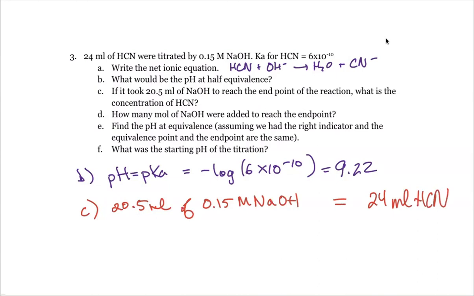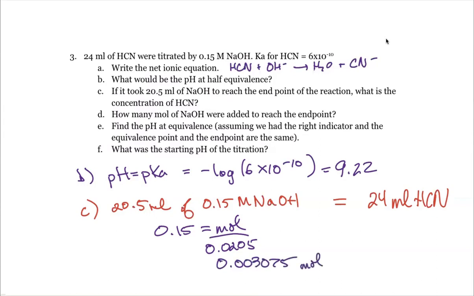So similar to the problem up above, I can do molarity equals moles over liters to get the moles of NaOH, which I'm going to assume are the same as the moles of HCN. So now to get the molarity of HCN, its moles over its liters.